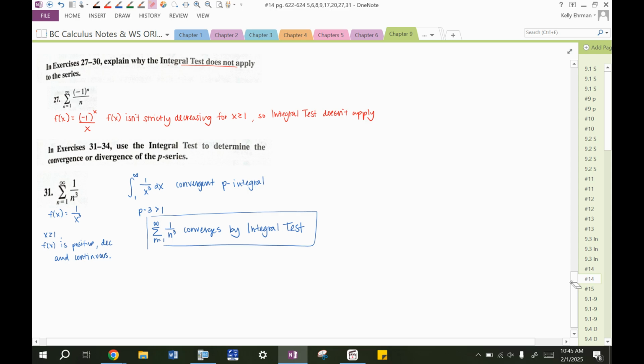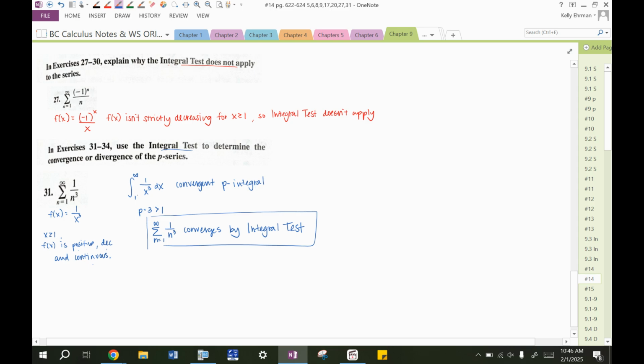And then for 31, use the integral test to determine the convergence or divergence of the P series. So the next set of notes, we're going to talk about a shortcut for P series here. But we did talk about P integrals back in chapter 8. So here's the idea. f of x is 1 over x cubed, which is positive, decreasing, and continuous for values greater than or equal to 1.